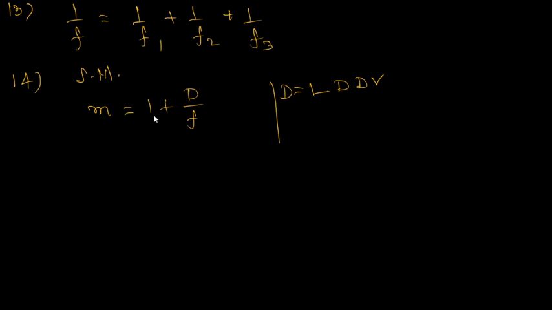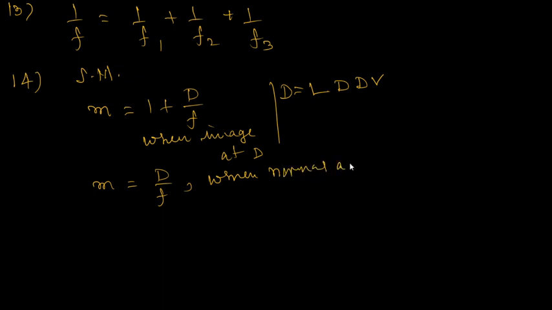And m is equal to 1 plus D divided by F. In fact, this D by F is equal to m under normal adjustment. Okay, so this is the case when the image is at D, whereas magnification is D by F when it is at normal adjustment.